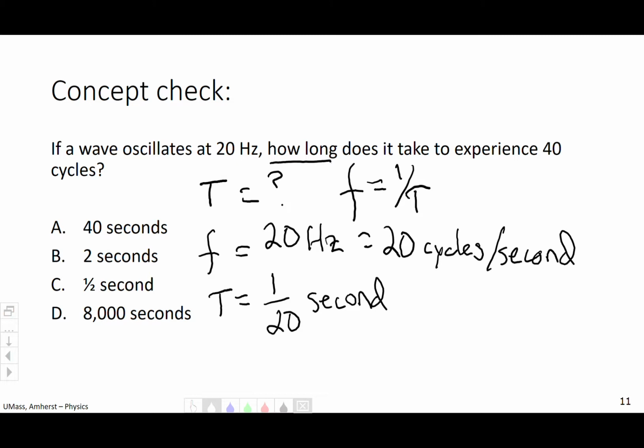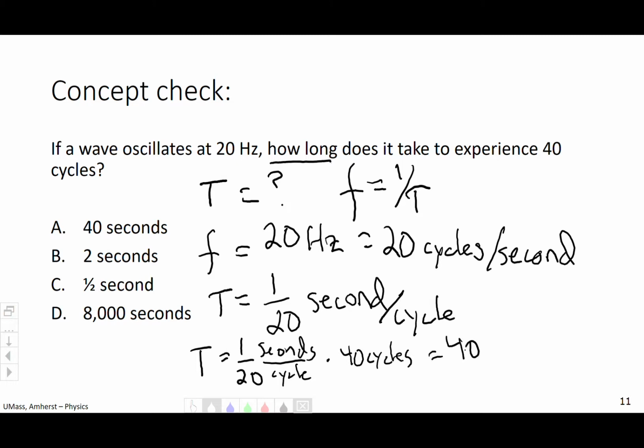So we have 40 cycles, and we have t is 1/20th seconds per cycle. So if we multiply that by cycles, we see we have period is 1 over 20 seconds per cycle multiplied by 40 cycles.